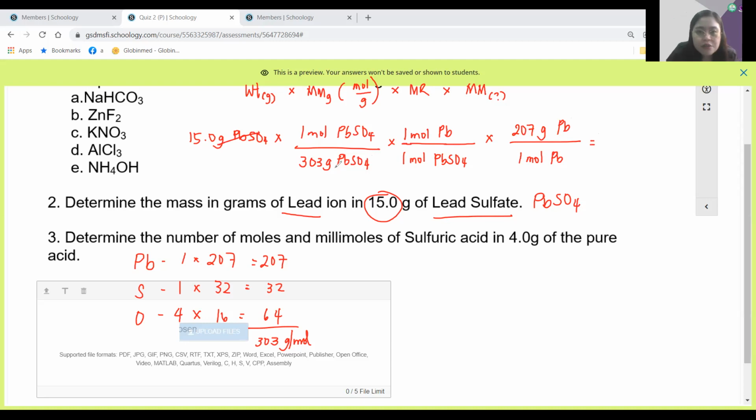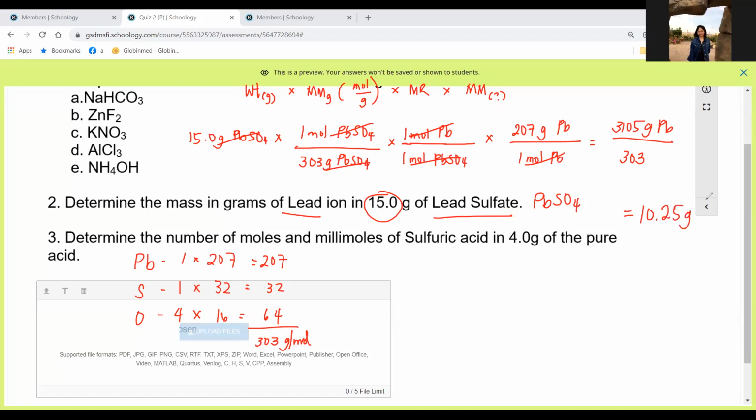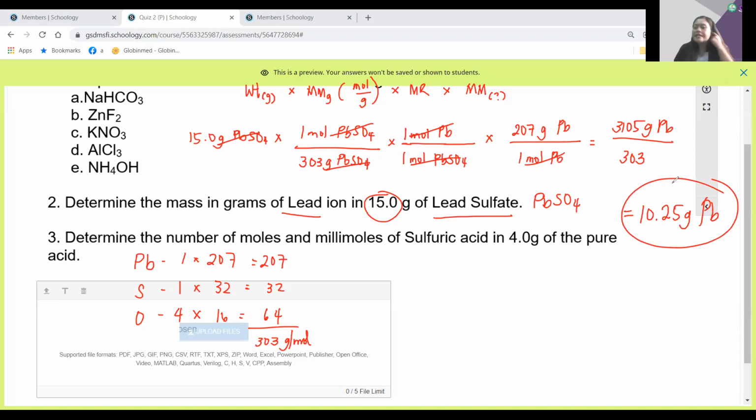Now we can cancel our units. Grams of lead sulfate, grams of lead sulfate, and then mole of lead, and you will be left with grams of lead. So we can simplify this. 15 times 1 times 1 times 207 is 3,105 divided by 303 times 1 times 1. For the final answer, 2 decimal places, 10.25 grams of lead.